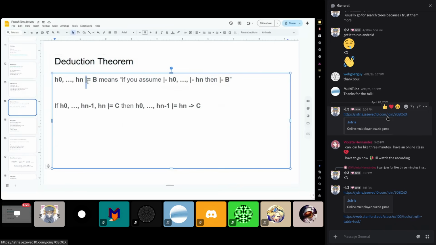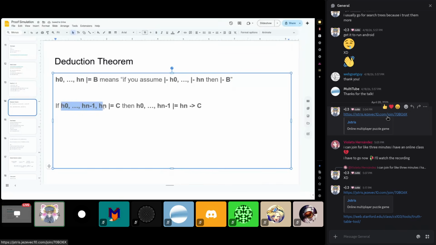What this says is from these assumptions, you can derive B. It means if you assume H0 through Hn are true, then you can derive B. So if you add "can derive this hypothesis" to the Hilbert system for every one of these hypotheses, and you can prove B, that's what this syntax is trying to say.